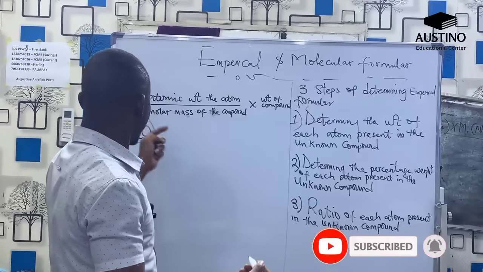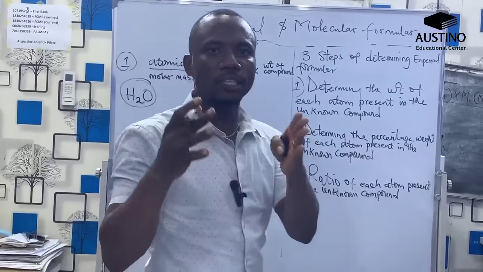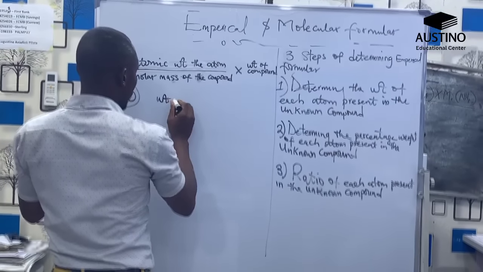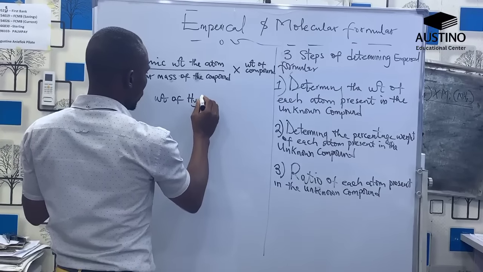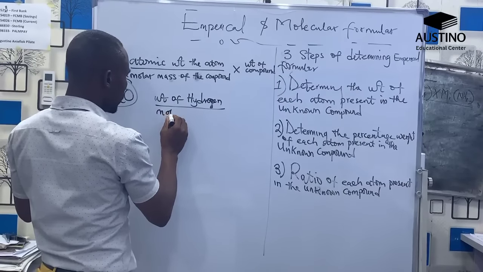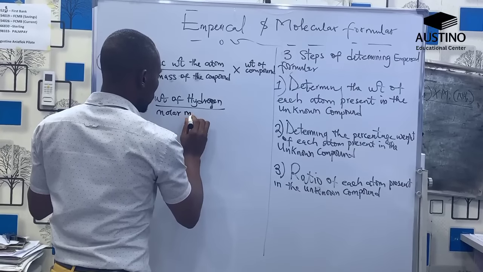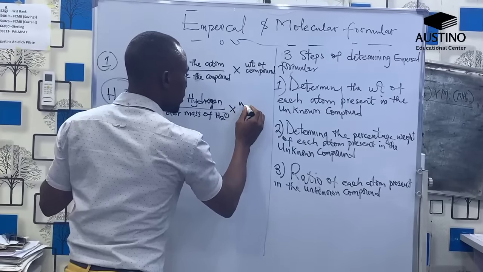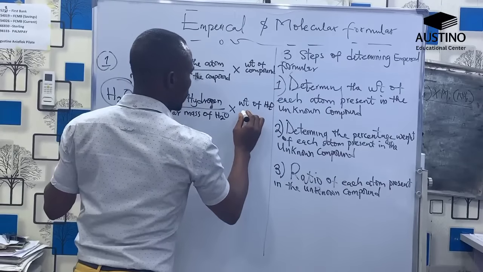So if I want to get the weight of each atom here in water, I will say the weight of hydrogen, for instance, all over the molar mass of the compound, molar mass of water, that's the compound now, times the weight of water over 1.